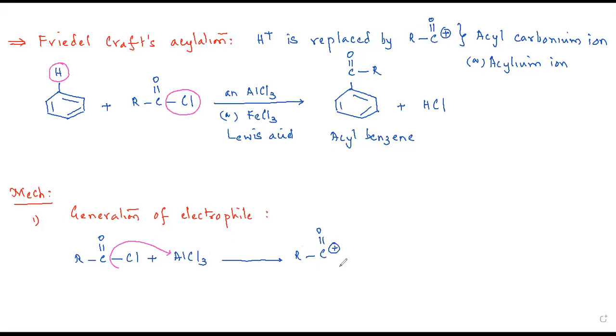RCO plus, the electrophile is generated, plus of course AlCl4 minus. Okay. Formation of sigma complex.